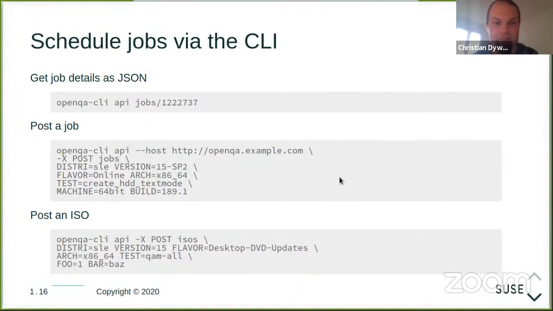It specifies the create HDD text mode test. It specifies the machine that's being tested, the version of the distribution that's being tested. So this is something that's really flexible.